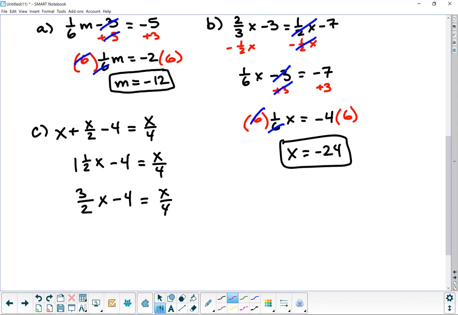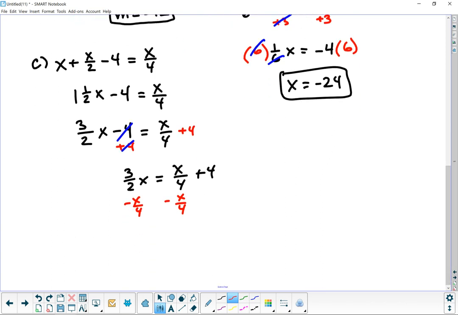So 3/2 x minus 4 equals x over 4. And I'm going to actually do this a little funky, but it's okay. I'm going to go ahead and add 4 to both sides. So we will have 3/2 x equals x over 4 plus 4. And then I'm going to go ahead and do the subtraction of x over 4. Okay, that's going to cancel these. And x over 4 is really 1 x over 4, or 1/4 x.